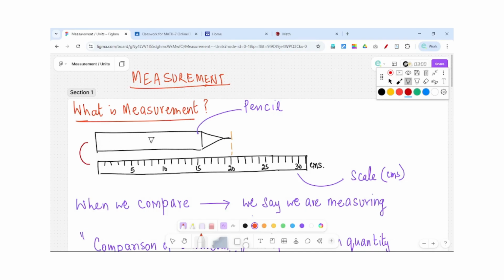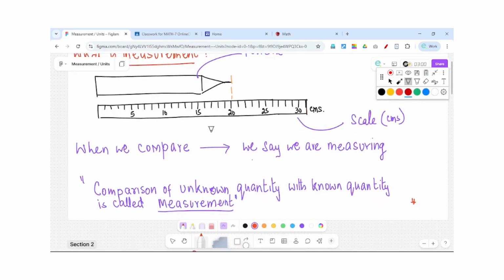Now on comparison we can see the length of the pencil is 20 centimeters. So basically we can say it is a comparison of an unknown quantity. In this example, we don't know the length of the pencil, so this is an unknown quantity.